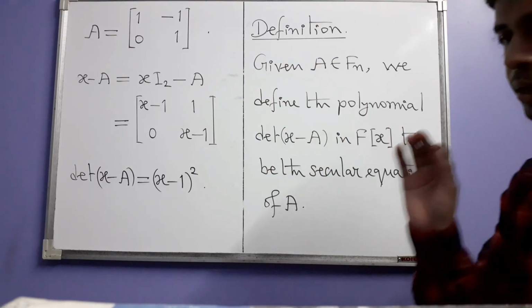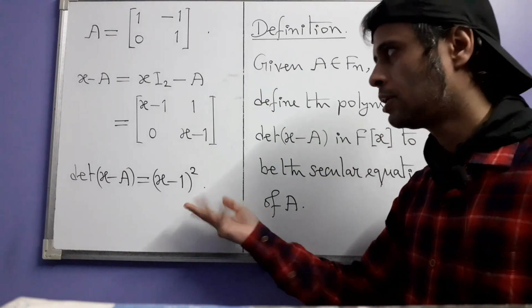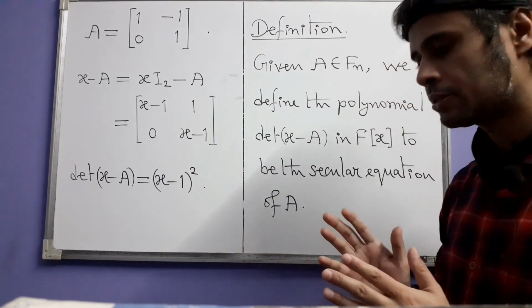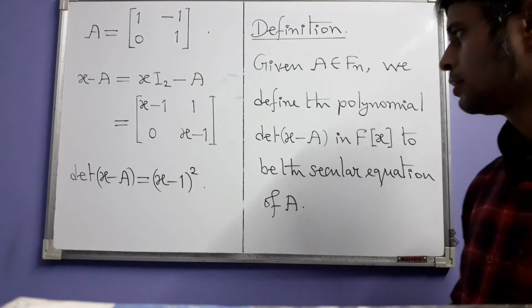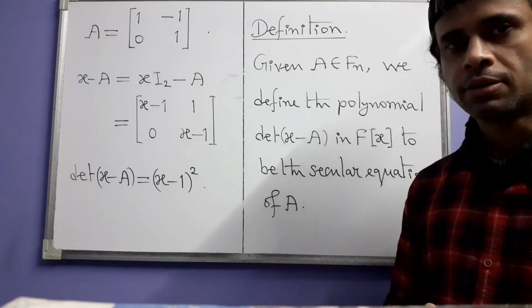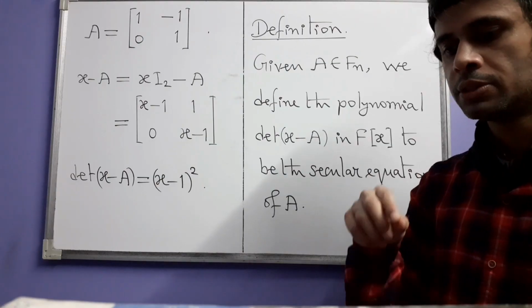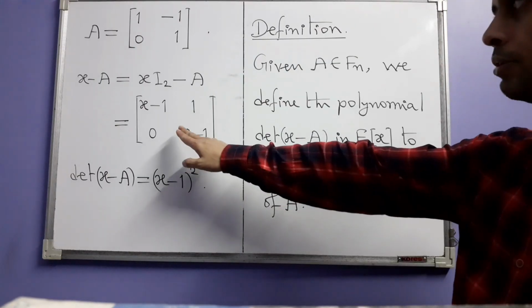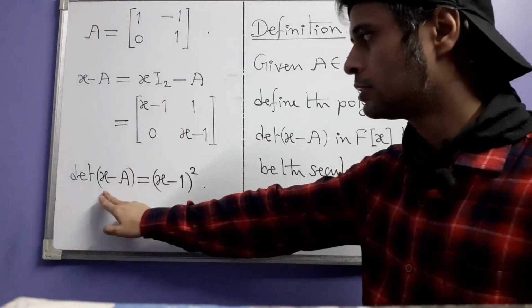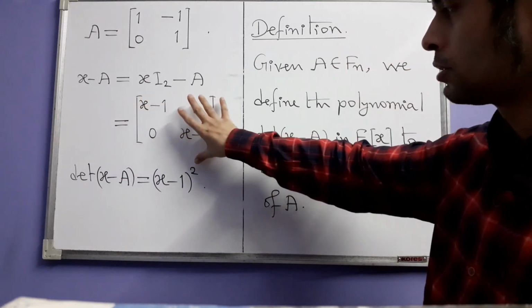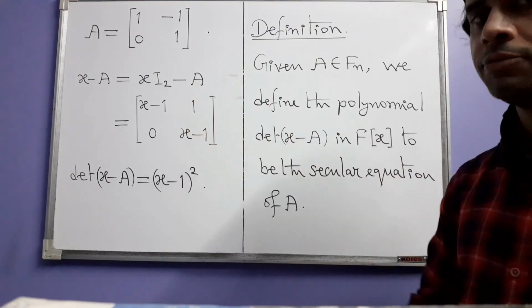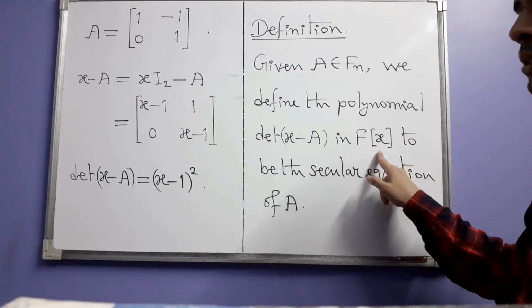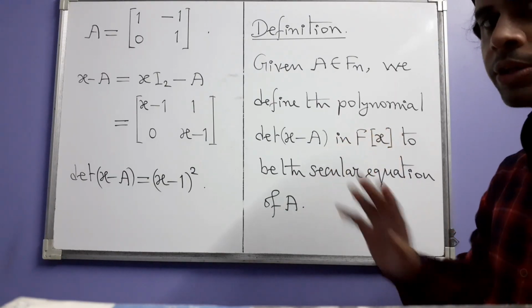Now note one subtle thing here. In fact, this is what you have done many times in school, but still let us see one subtle thing. We have defined the determinant of matrices whose entries are field elements. Here, however, we are calculating the determinant of this matrix where the entries are not exactly field elements, but rather they are polynomials coming from this ring, and this is not a field.